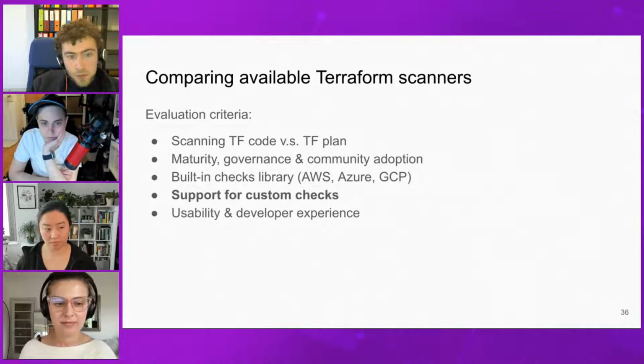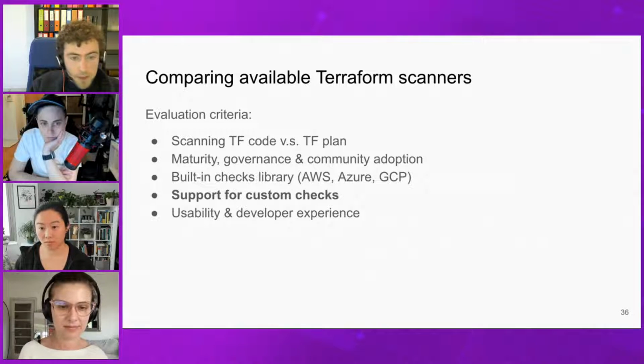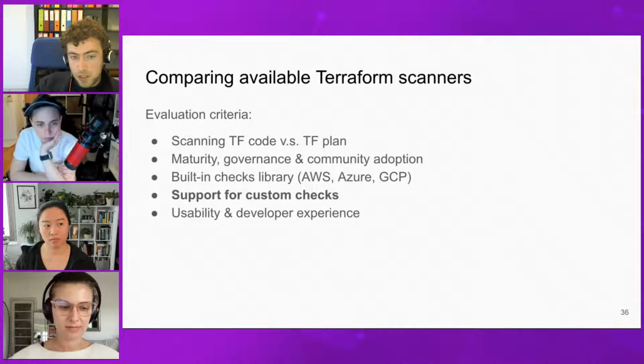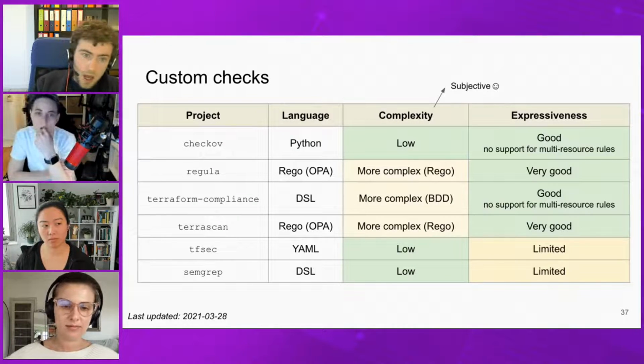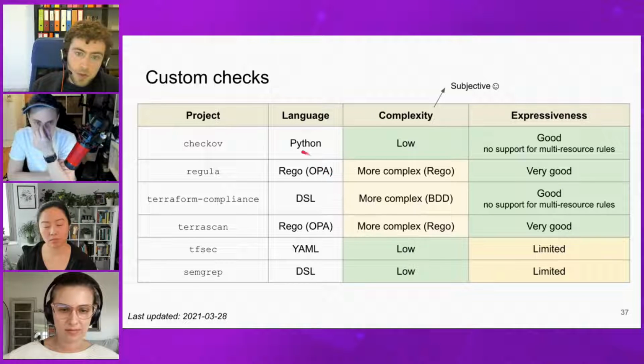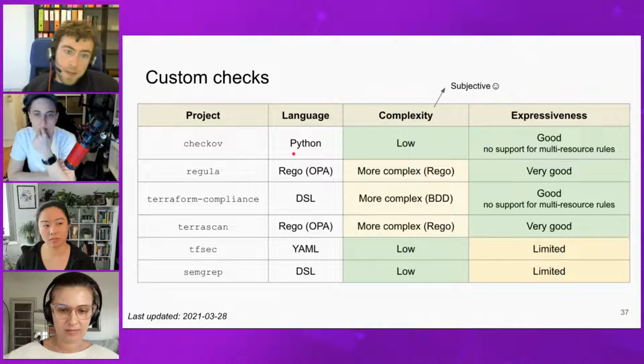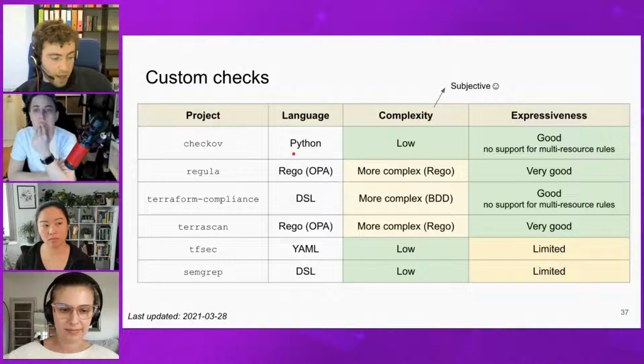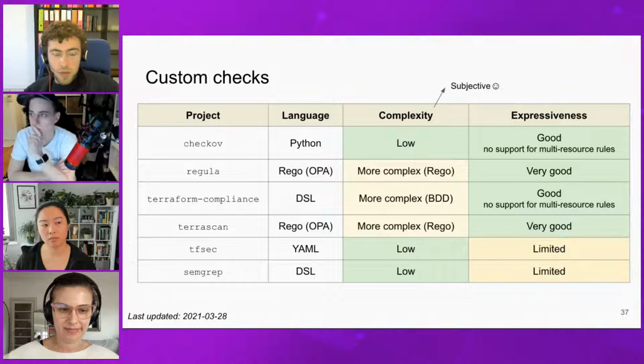And finally, the support for custom checks. This is also going to change depending on the tools. Checkov is going to do it with Python. Basically, there are some tools that let us write custom checks easily at the cost maybe of some expressiveness.